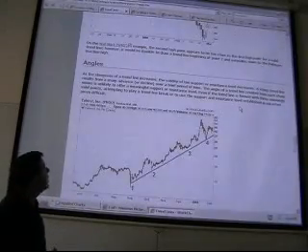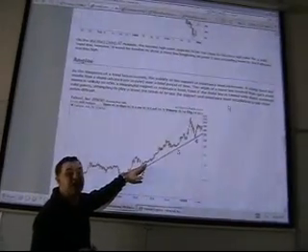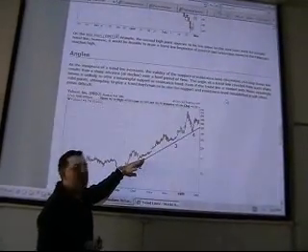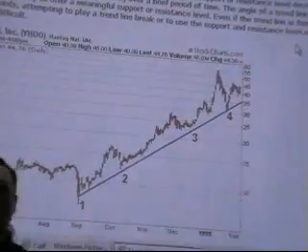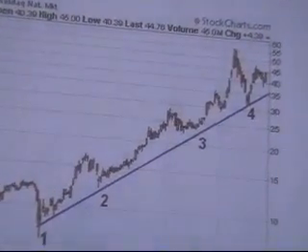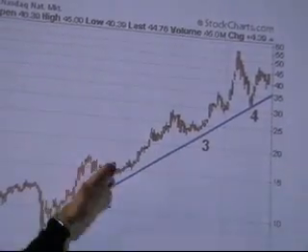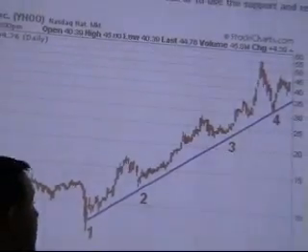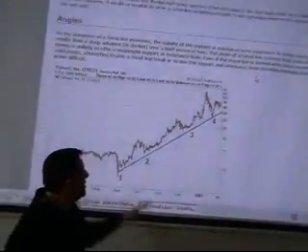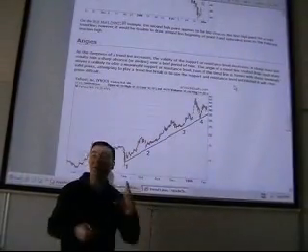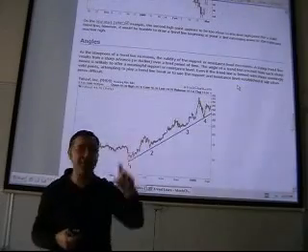Alright, so angles. Sometimes the steepness is an indicator. When it gets really steep, you have to understand, if it's super steep, it can't last for a long time. The steeper it is, the more likely it is that it will not last a long time. You can't just expect it to double in 3 months, and then double again in 3 months, and then double again in 3 months.